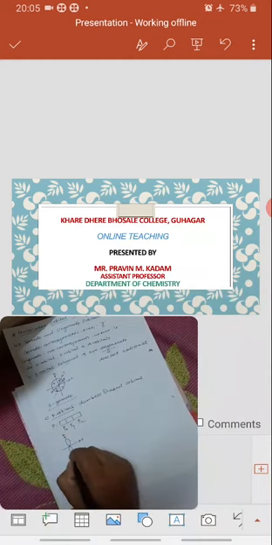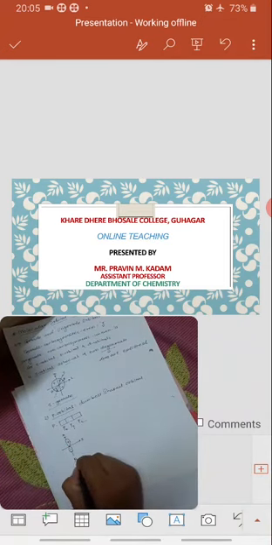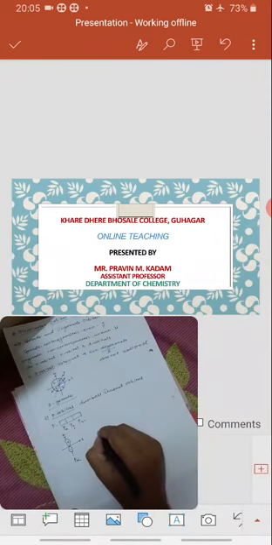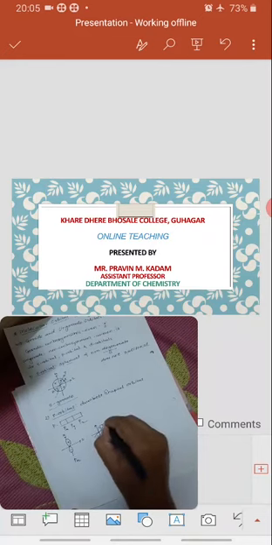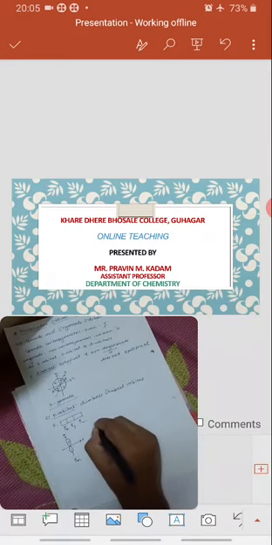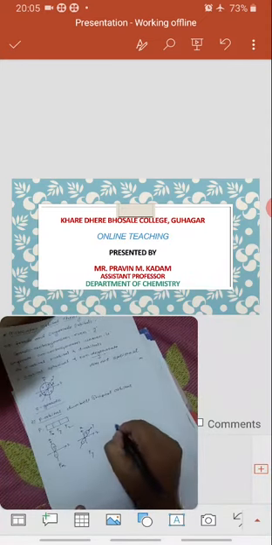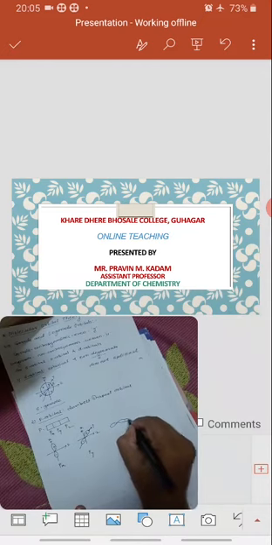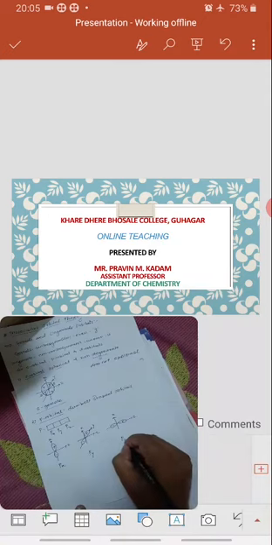Z, X. One lobe is positive, another is negative. This is the notation for X. We can draw Y like this, one positive, another negative. Similarly for X, Z, one positive, another negative. You can draw each side.